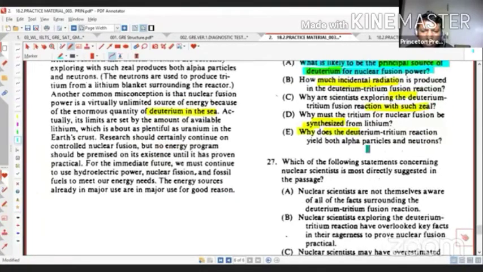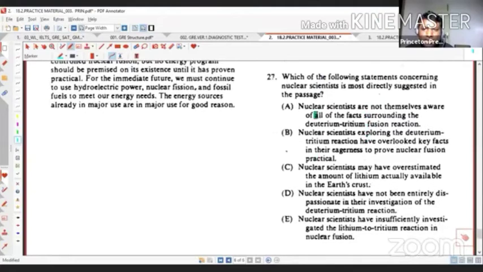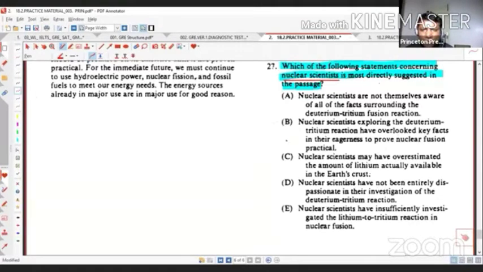Okay, what about this one? Which of the following statements concerning nuclear scientists is more directly suggested? Where the focus is what? Nuclear scientists, not others. But what has been talked about them? Nuclear scientists are not themselves aware of all the facts surrounding the deuterium.